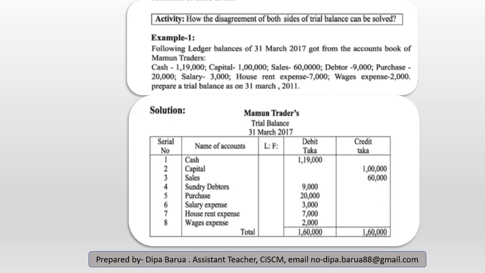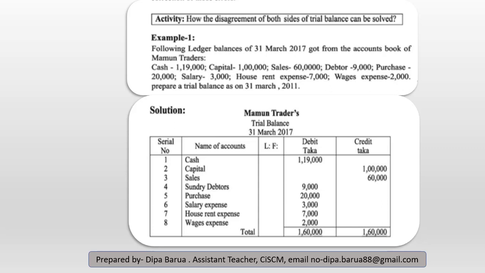And then capital. It is a liability, that means it will go on the credit side. And sales credit 60,000, sundry debtors debit 9,000, purchase is an expense, that means debit 20,000, salary expense 3,000, house rent 7,000, wages expense 2,000.